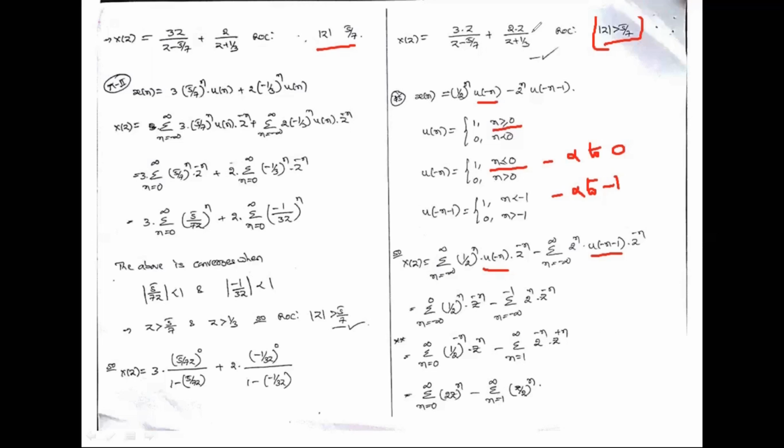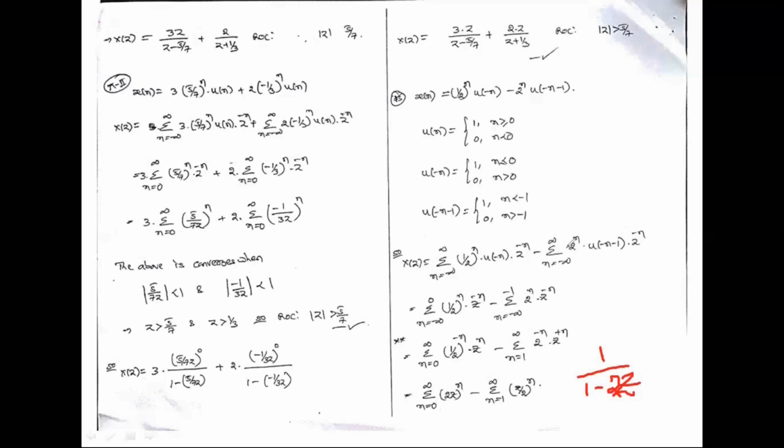According to our formula, the sum from n1 to n2 of a power n is 1/(1 minus a), because n is equal to 0. So 1/(1 minus 2z), and the ROC is |2z| less than 1, not greater than, because it is 0 to infinity only.